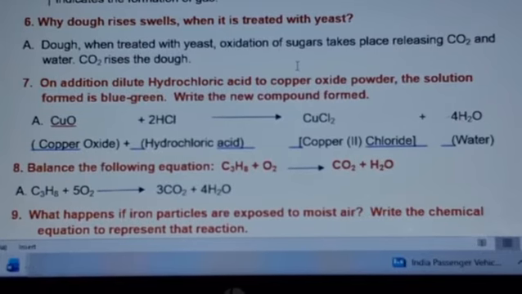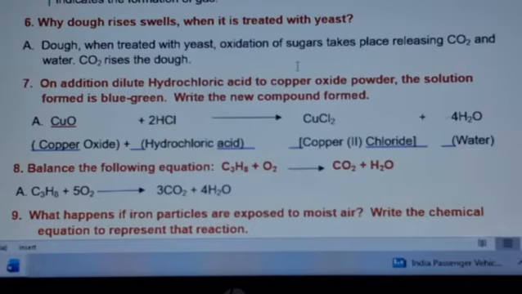So when yeast is added there, oxidation process takes place, because yeast gets food from those sugars. This oxidation liberates carbon dioxide gas, and this carbon dioxide pushes the dough up. That is how the dough will be raised. Carbon dioxide raises the dough.